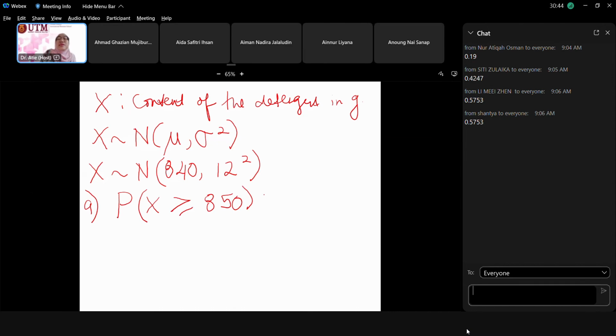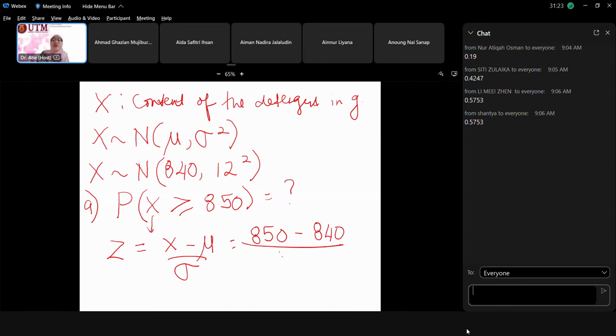Before we can find the probability, we need to convert X to Z. Please, guys, make sure you do all the calculation for Z in the margin provided on the right side of that page. Z is equal to X minus the mean divided by sigma. X here is 850, minus the mean 840, divided by 12.